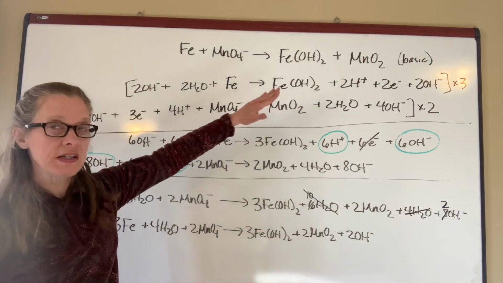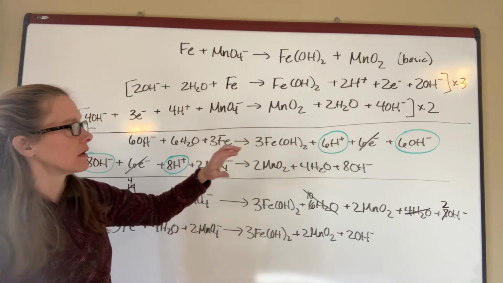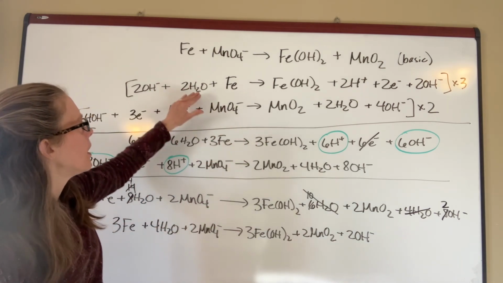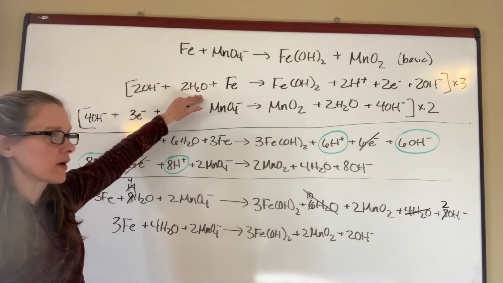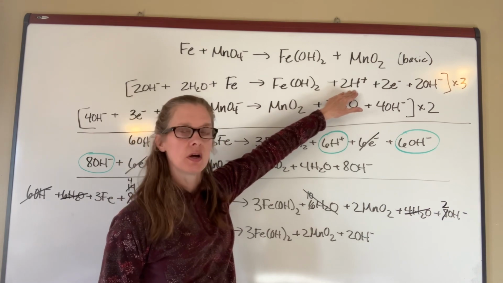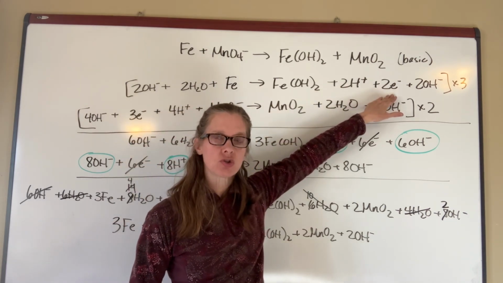So really the only difference here between balancing these and balancing in an acidic solution is that once I've added my waters to the half reaction to balance the oxygen, and I've added my hydrogen ions to balance the hydrogen, you're still adding electrons to balance charge.